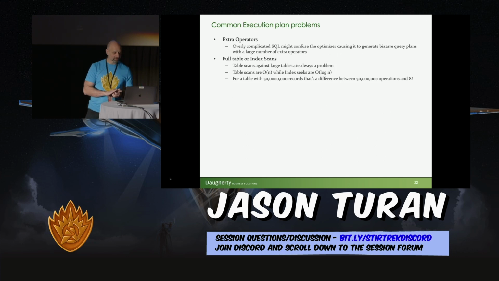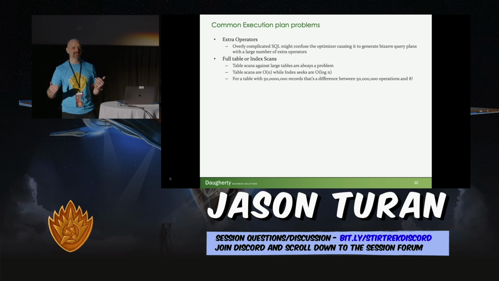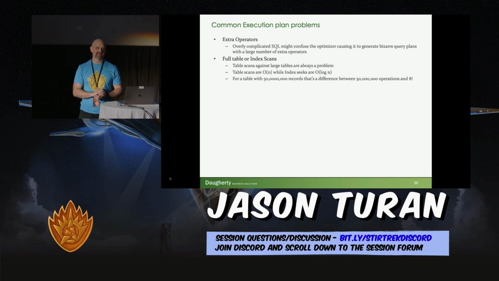Also, if you pull up the query plan and you can't even see it, there are so many operators that you zoomed out from 10,000 feet and you can't even make out the lines anymore, that might be a problem too. An ORM might generate crazy SQL every so often, so you definitely want to keep an eye on that.